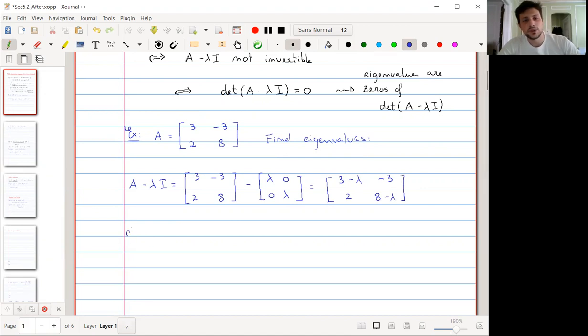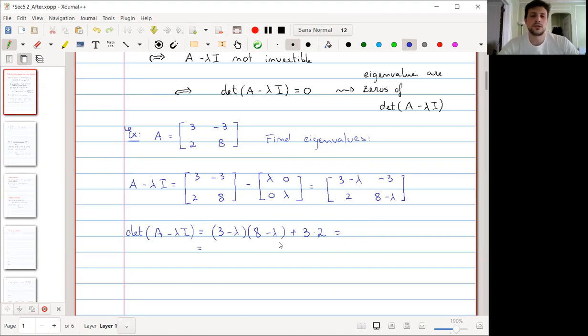Now, let's compute the determinant of the matrix A minus lambda I. This is given by 3 minus lambda times 8 minus lambda plus 3 times 2, the entries on the off diagonal.